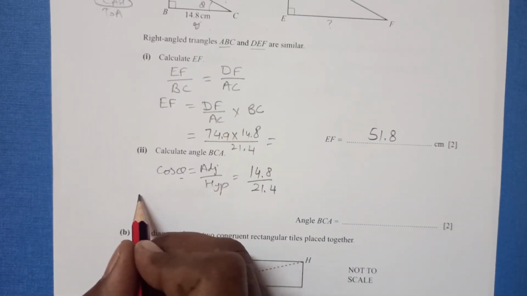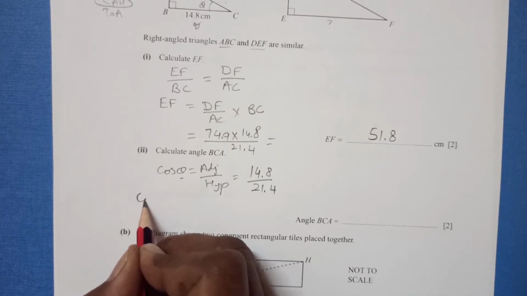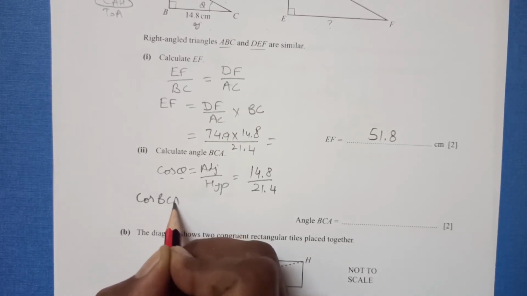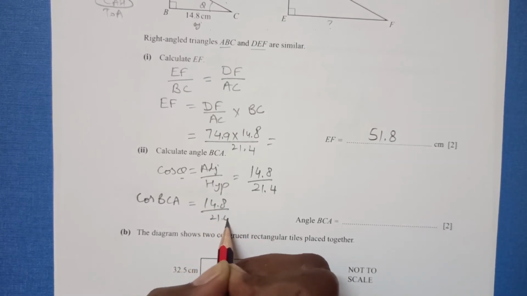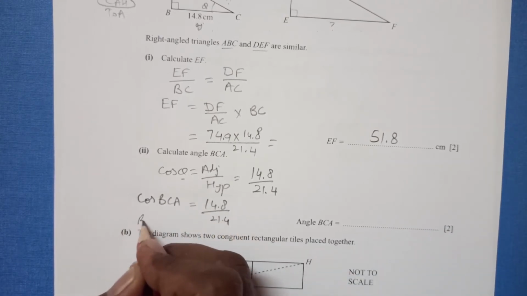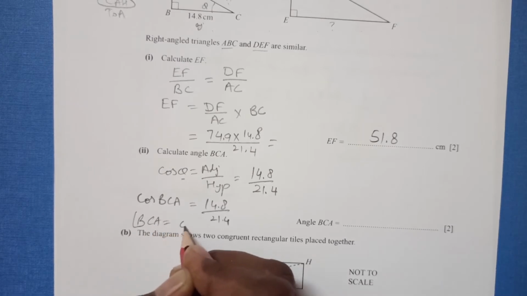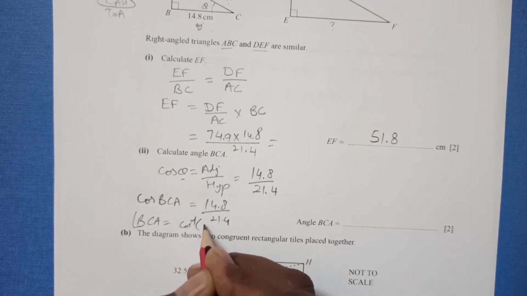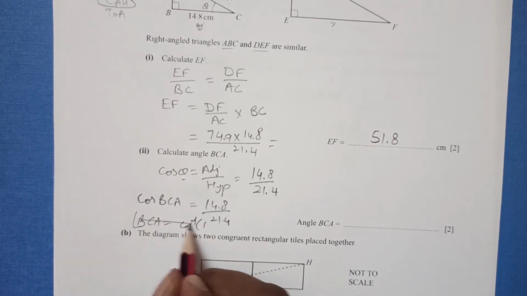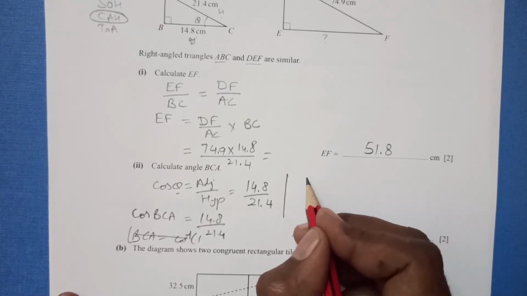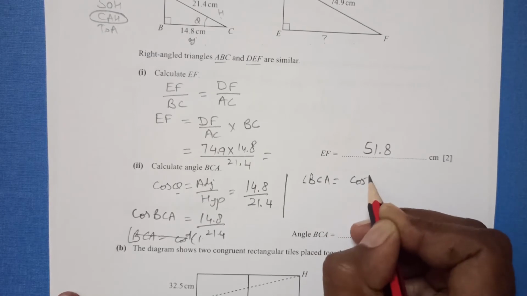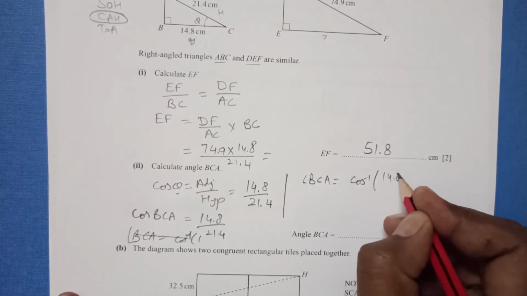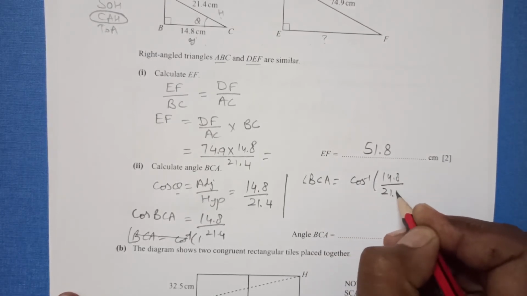Then cos BCA equals 14.8 over 21.4. Then angle BCA will be cos inverse of 14.8 over 21.4.